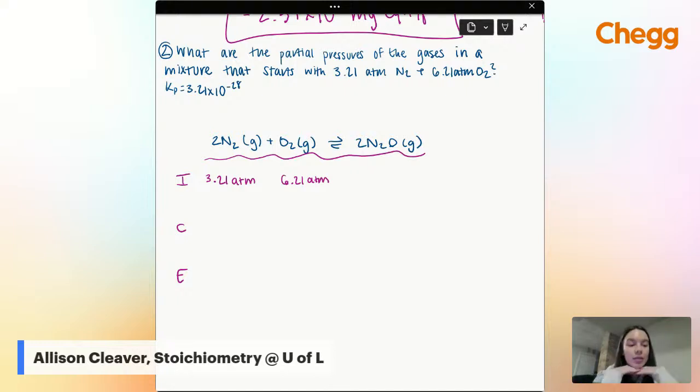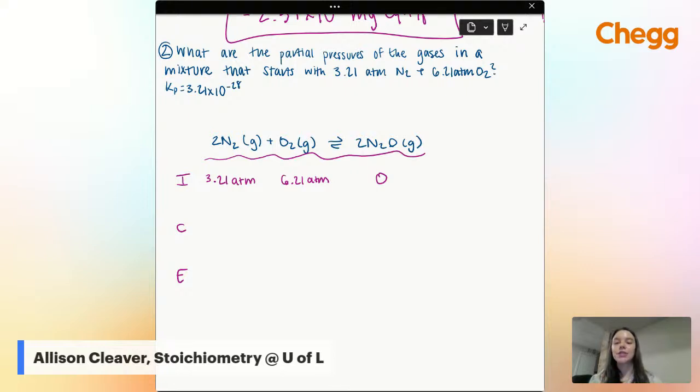Since the problem doesn't tell us whether we start with any N2O, dinitrogen monoxide, we just put a 0 there, because we don't know that we start with anything. So we can just assume that we have no dinitrogen monoxide.